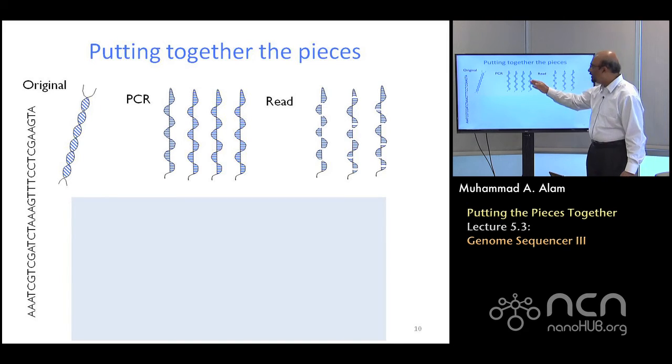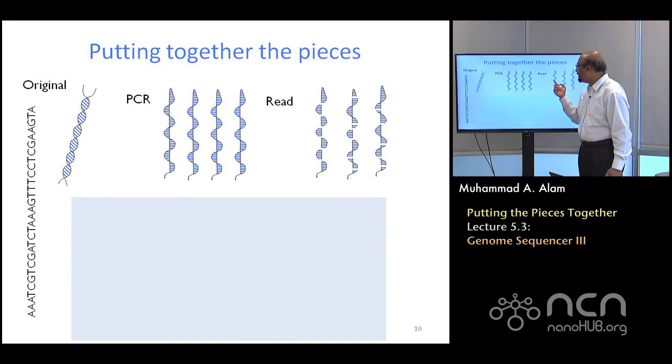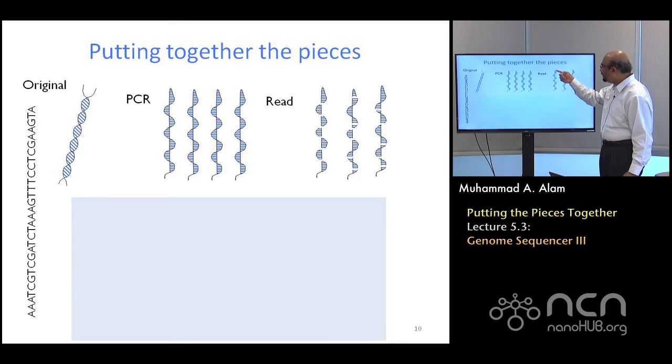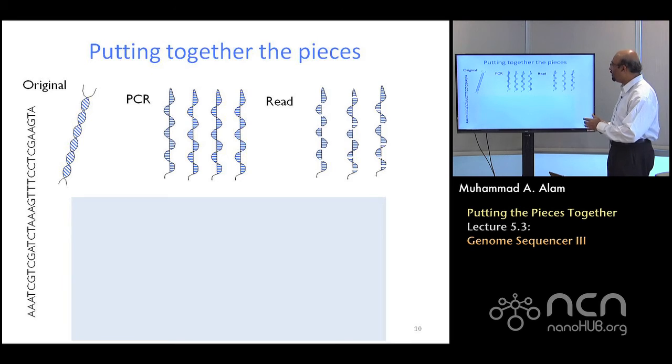I can do the division either after PCR amplification or before PCR amplification. That's fine. So this is one way of dividing. Remember, there will be 40 million of these. This I will call experiment 1, one set of experiment. It will take about a couple of hours to finish this experiment.